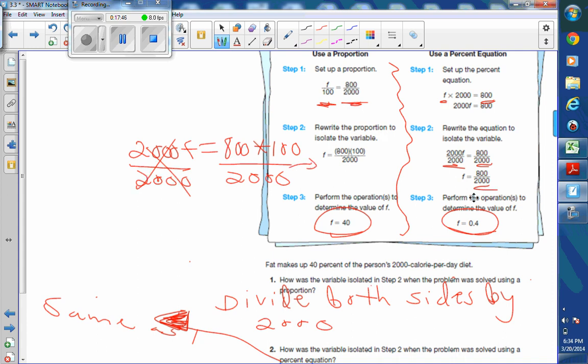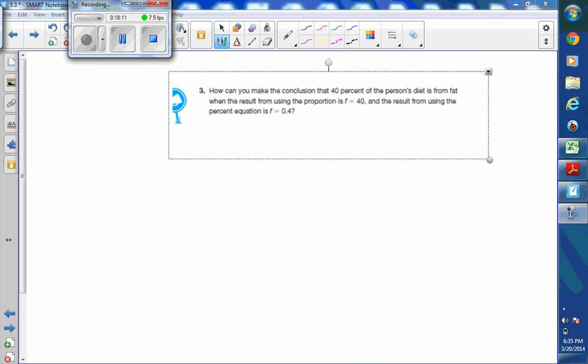And it's easier to see over in step 2 for the percent equation: you get F times 2,000 equals 800, and you would need to divide by 2,000 on both sides to get F by itself. So in this instance, since you're kind of working backwards, you do the same thing. You divide both sides of the equation by 2,000, but in the first one you would actually do some cross multiplying.